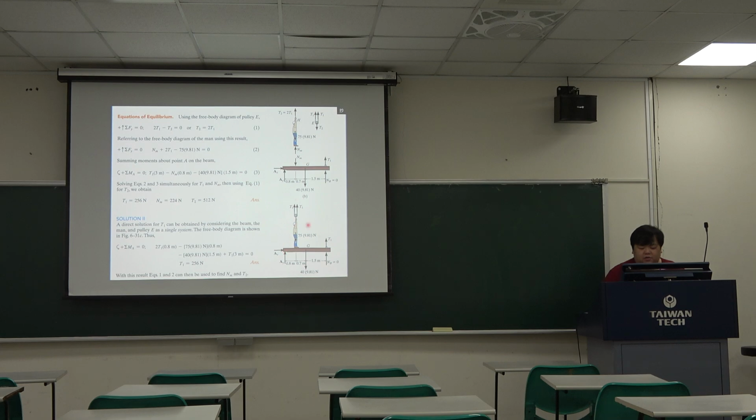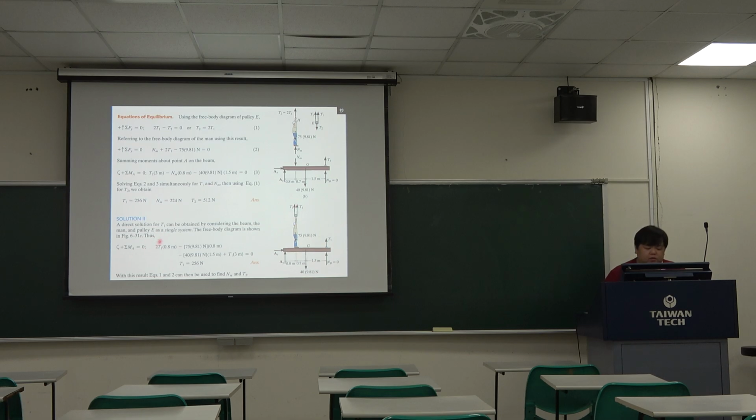Then we have the 1, 2, 3, 4, 5. This one is equal to 0, so we don't care. So 1, 2, 3, 4, 5, and calculate the moment. So 1, 2, 3, 4. I think the T1 is, okay, 2T2 is combined together here.